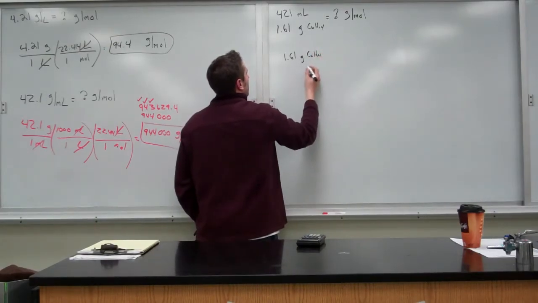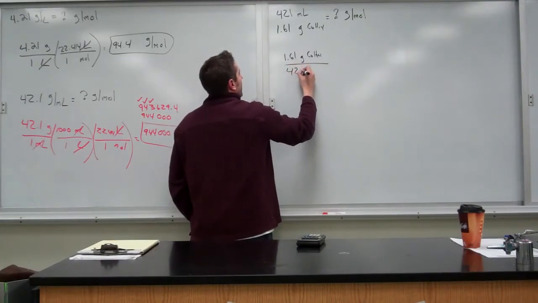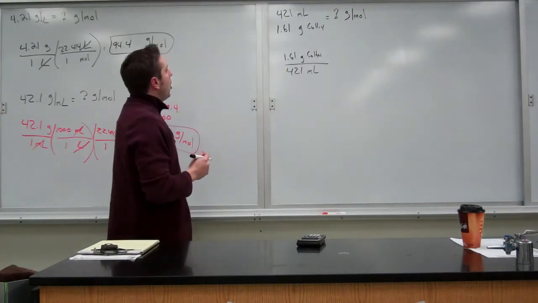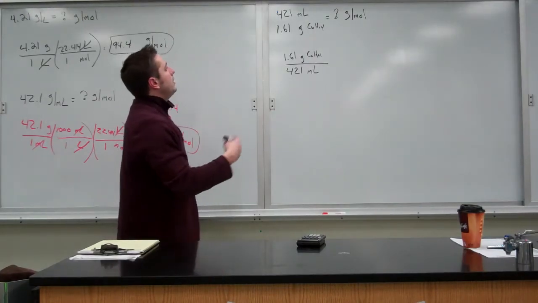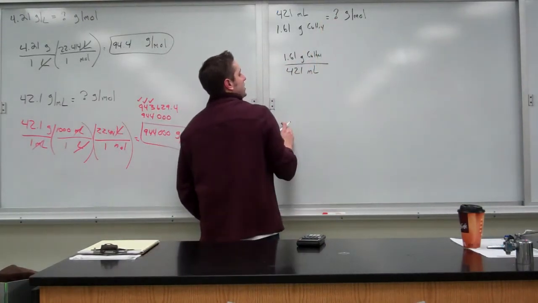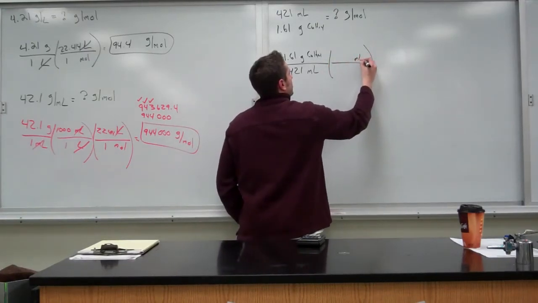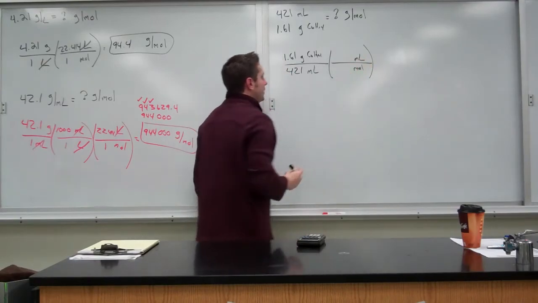Making us put the 421 milliliters on the bottom. So again, grams are good. We just need to get milliliters into moles. I'll put milliliters on top, try moles on the bottom.